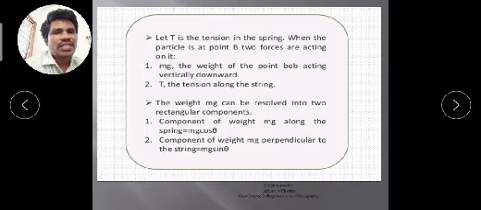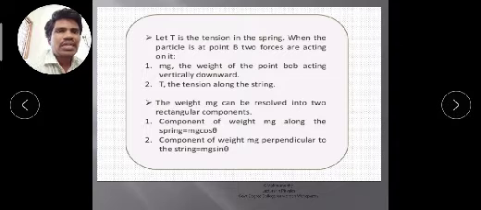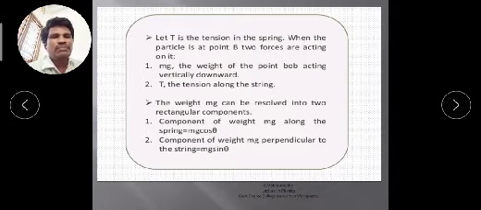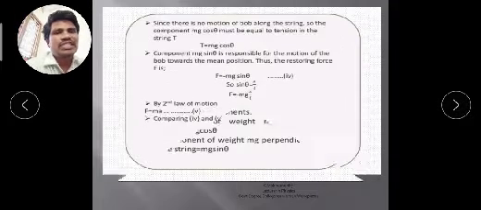The weight mg can be resolved into rectangular components. The component of weight along the string is mg cos theta, and the component perpendicular to the string is mg sin theta.